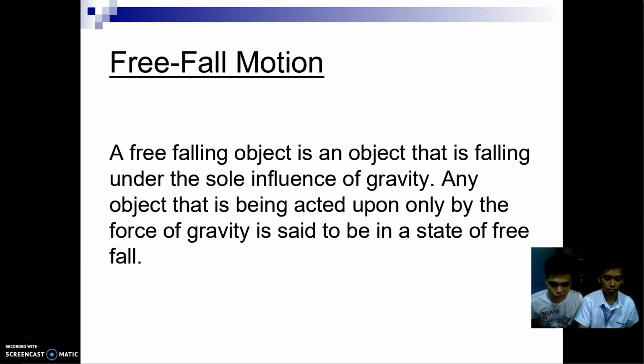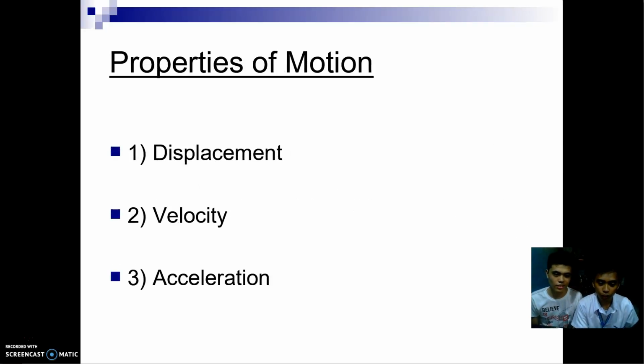A free falling object is an object that is falling under the sole influence of gravity. Any object that is being acted upon only by the force of gravity is said to be in a state of free fall. So, there are 3 properties of motion. First is the displacement, second is velocity, and last is acceleration.